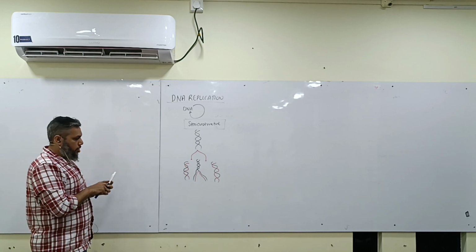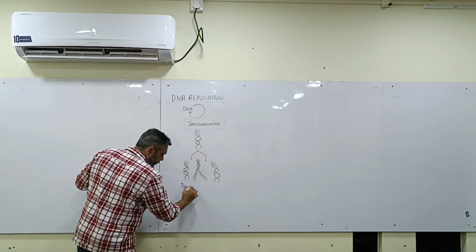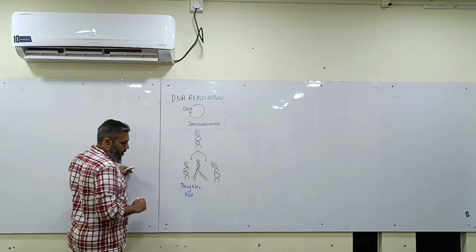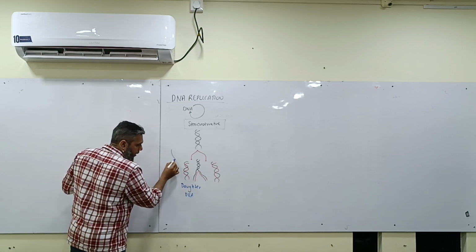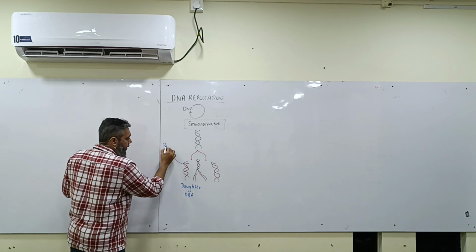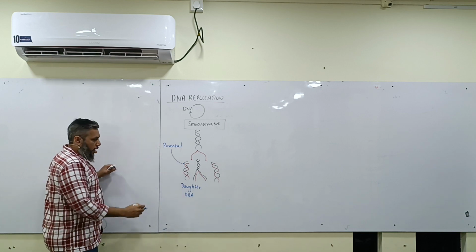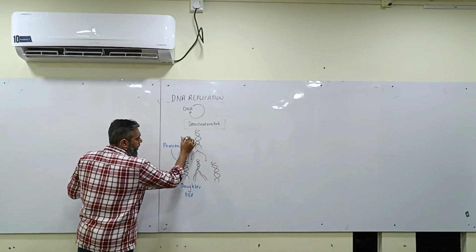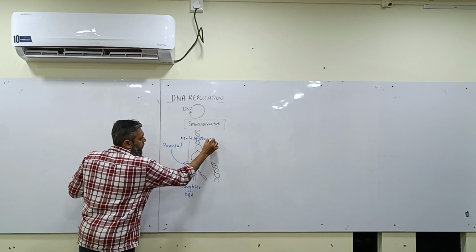As a result of which, when you get the formation of a daughter DNA, you will find that the daughter DNA has one strand exactly that of a parent and only one strand is newly synthesized.